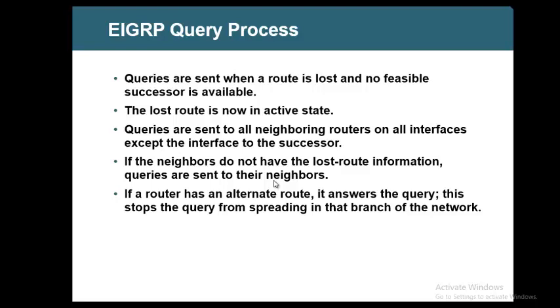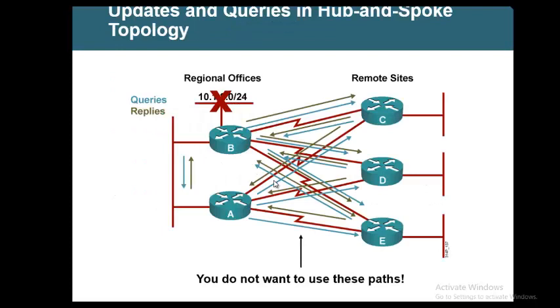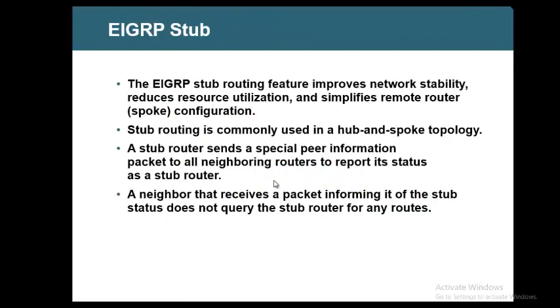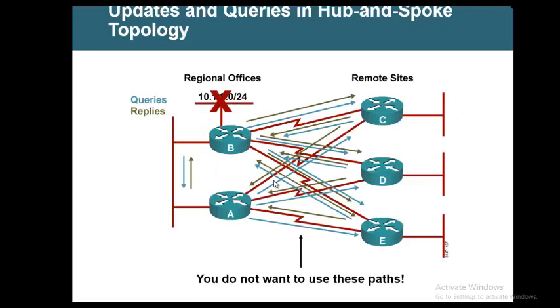Whatever I give you, you use. For other things, don't send to me, because I'm a stub router. I will not be forwarding to my neighbors. I'm not responsible for those things. Sorry, don't come to me. This is what we call a stub router sending a special peer information packet.